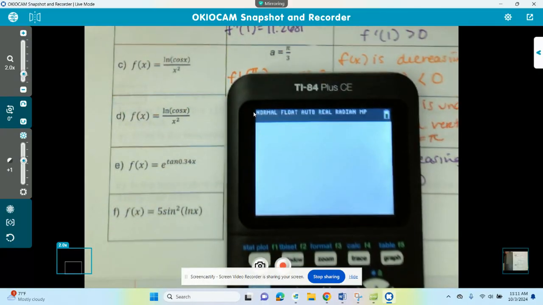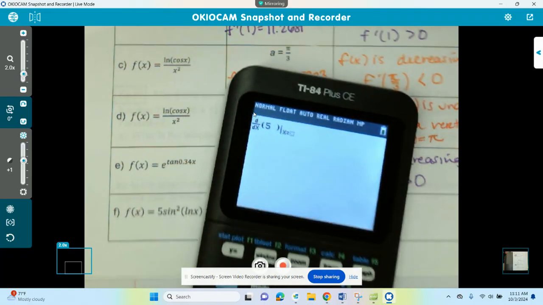All right, so math 8, dy dx of 5 sine. Let's try it, see what happens.